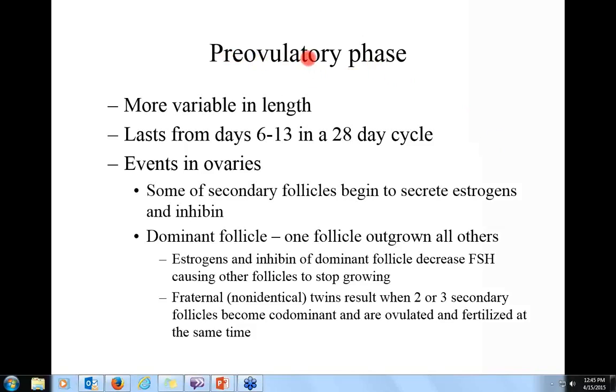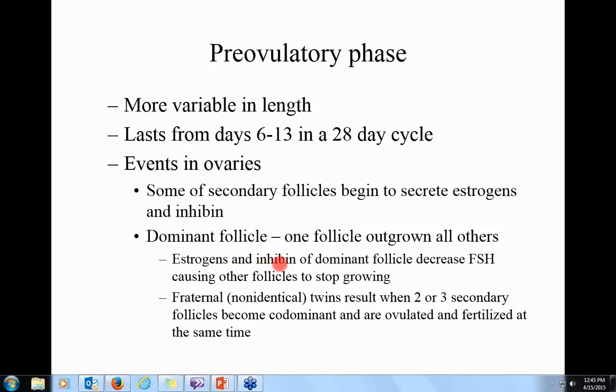The pre-ovulatory phase, this is the one that varies the most in length, but for the purposes of this lecture, it's days 6 through 13. In the ovaries, some of the secondary follicles are beginning to increase in size, and they're going to start secreting estrogen and inhibin. And one dominant follicle will outgrow all others.